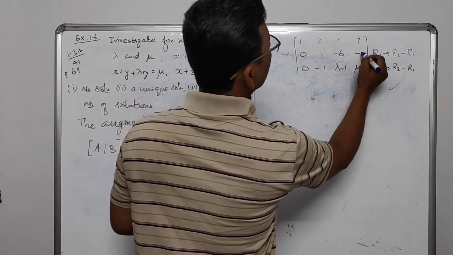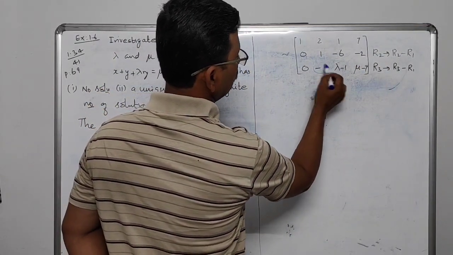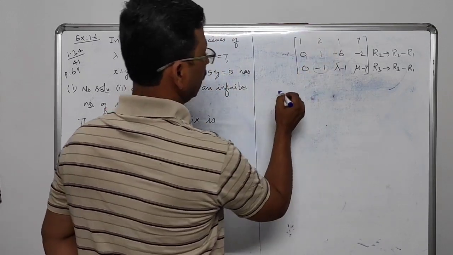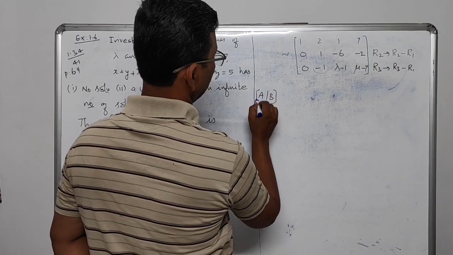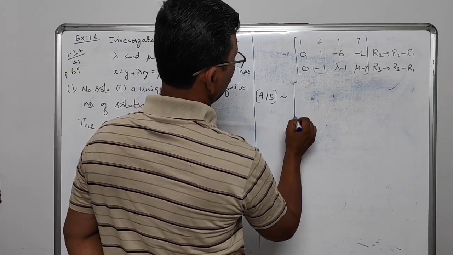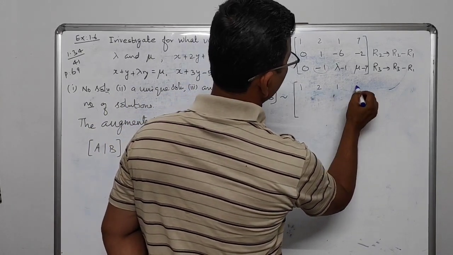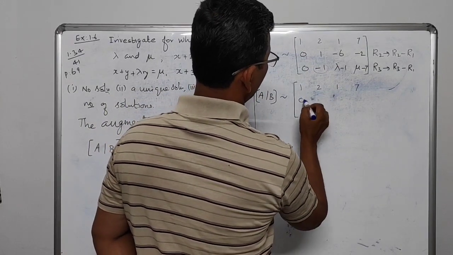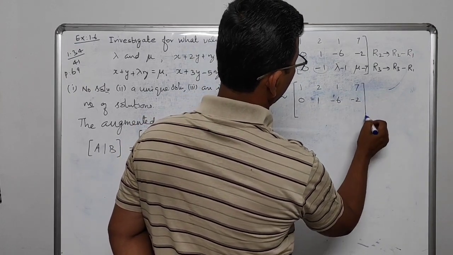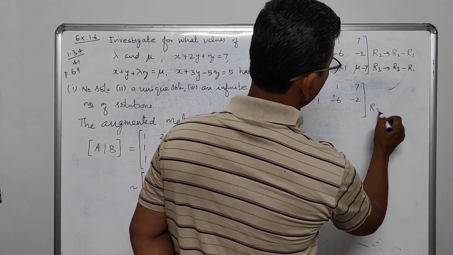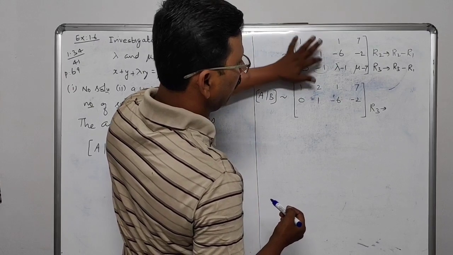Then after that we want to make this element 0 by using the second row. Therefore you can write [A, B] equivalent to, first two rows as such: 1, 2, 1, 7, then second row 0, 1, minus 6, minus 2. Then third row, R3 gives: see here these two have different signs and the same magnitude.